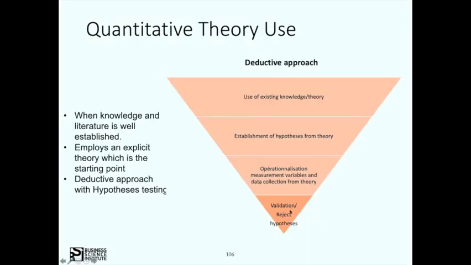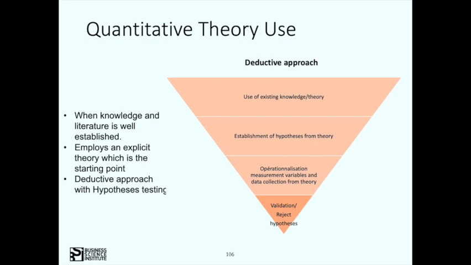The starting point is that you use theory, you establish hypotheses from the theory in your literature review, and you operationalize your variables and measurement concepts through measurement scales. You collect data and validate, confirm or reject the hypotheses.